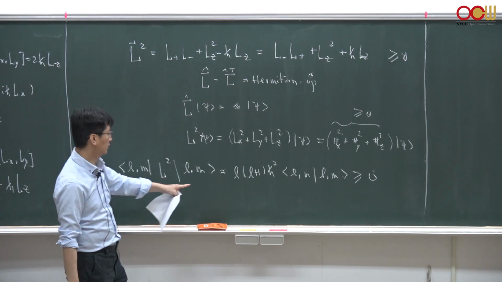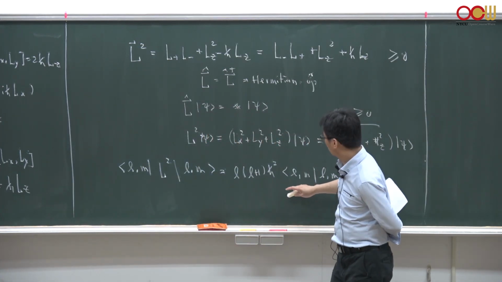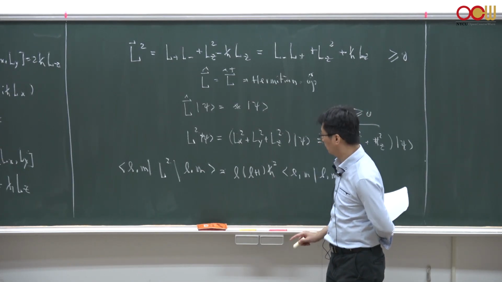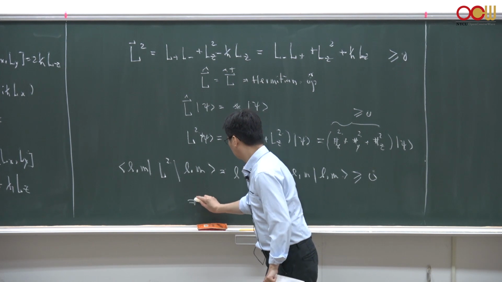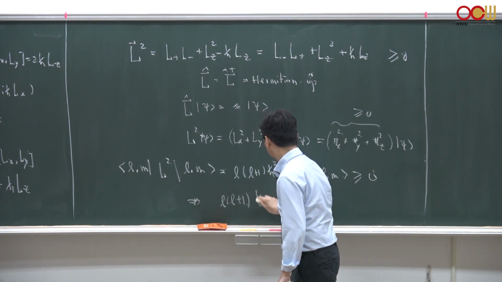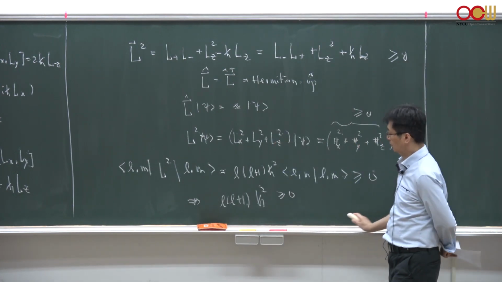Okay, and since we assume that the eigenvalue for L squared is given by h bar squared times l(l+1), this immediately tells us that l times (l+1) times h bar squared must be greater than or equal to 0. Right?